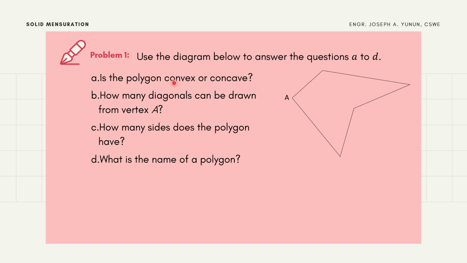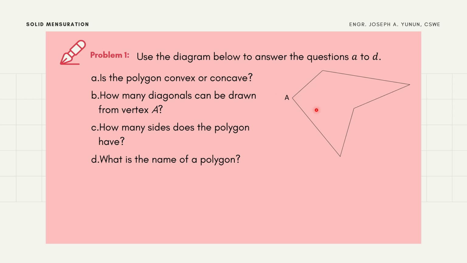Also, if you draw a line, for convex, at most two sides could be intersected, and for concave, two or more, or more than two. Yes, that is the rule for concave.